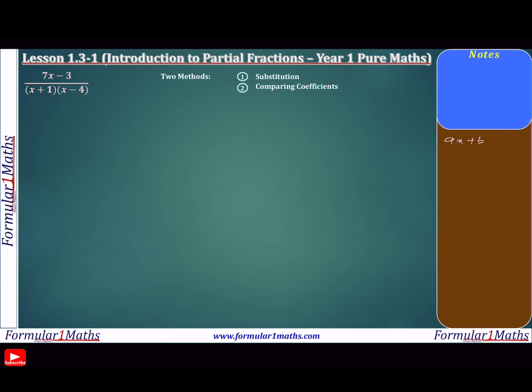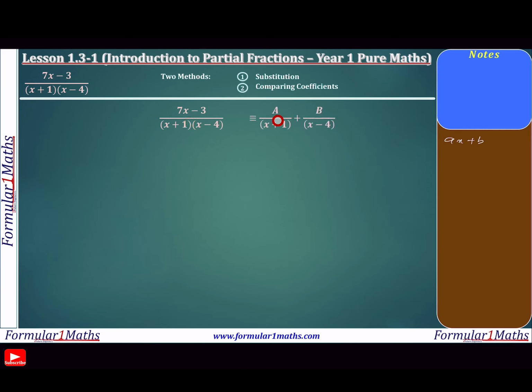So if you're given this expression to resolve into partial fractions, you must have two component partial fractions as follows. And each of them must be a proper fraction. And here, this can be written as a x to the power 0 over x + 1.